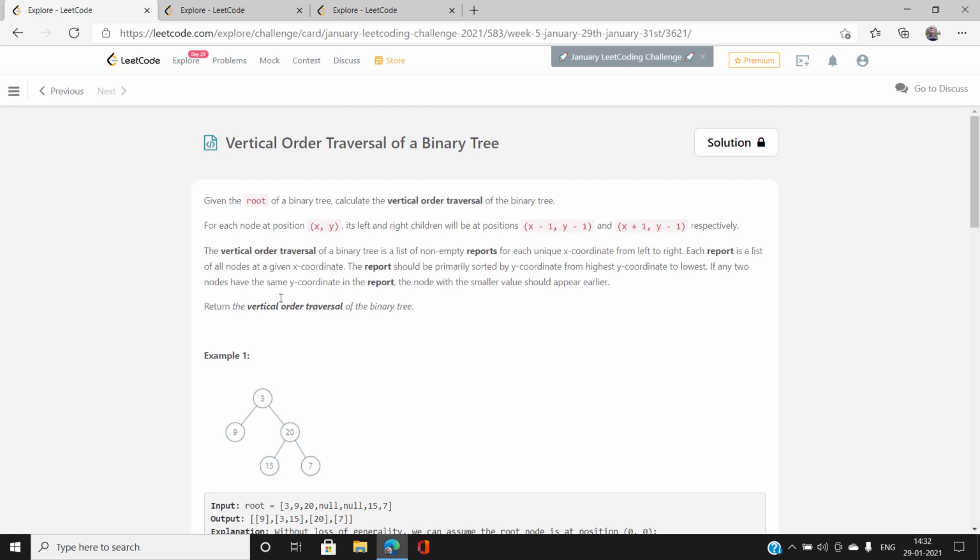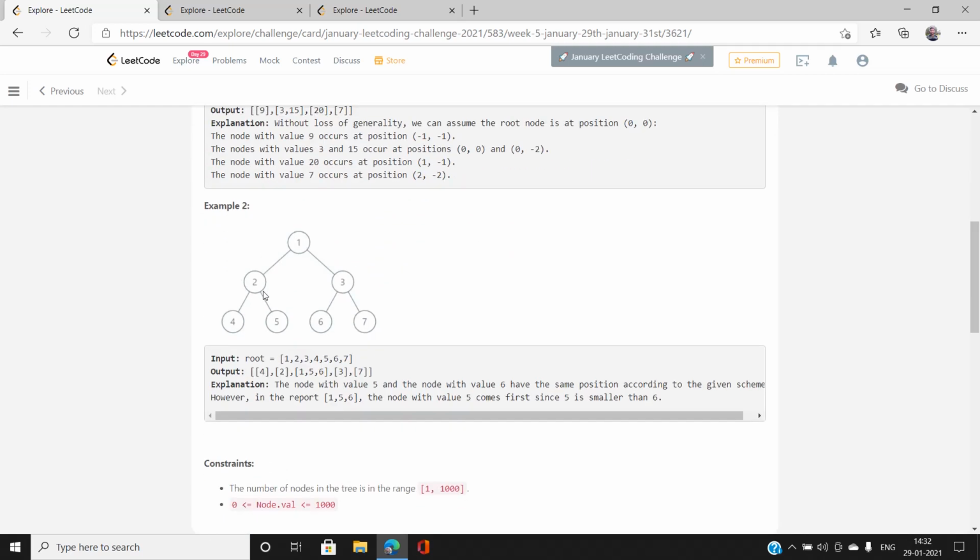So suppose here we have another binary tree, where we can understand much better what the question is saying. Suppose we are at 1, which is at 0 comma 0 coordinate, and for 3 we are at 1 comma 1.